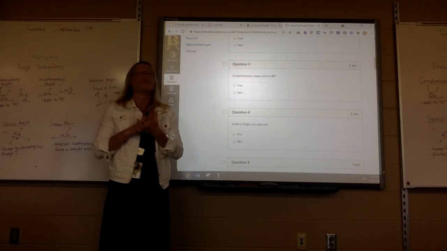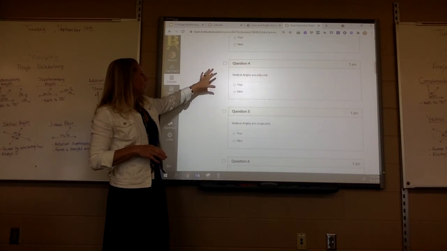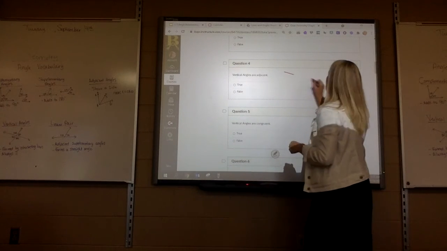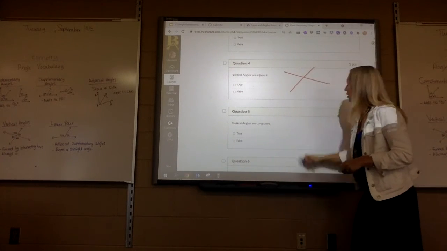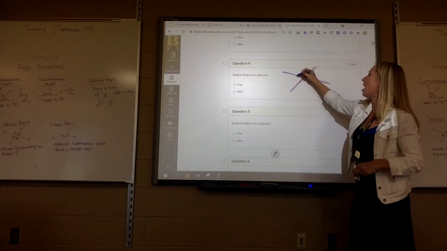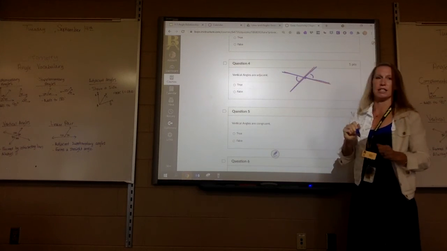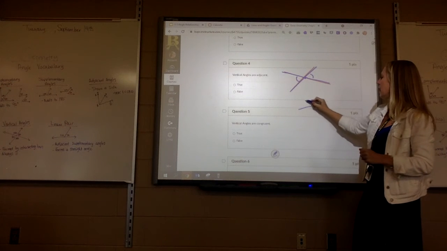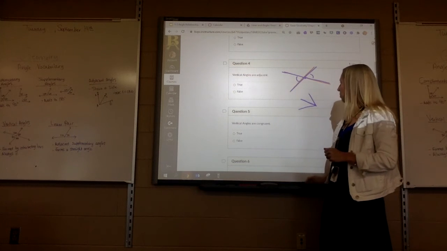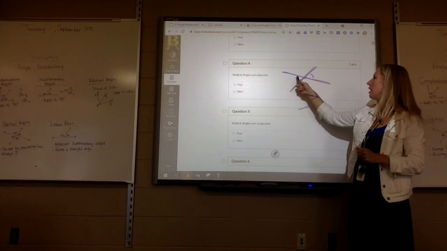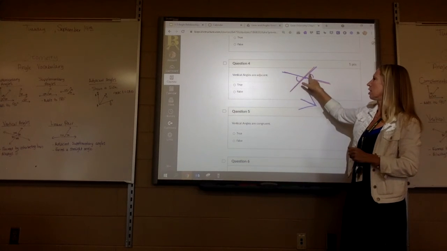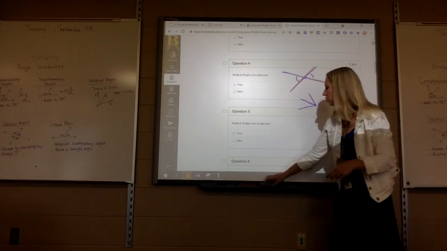What is congruent? Congruent, equal. Okay, then this says vertical angles are adjacent. Now, vertical angles would be this angle and then this angle. They are not adjacent. All they share is that vertex. Adjacent angles mean they have to share a side. So that would be false. But are vertical angles congruent? Do they equal each other? Yes, so that one's true.